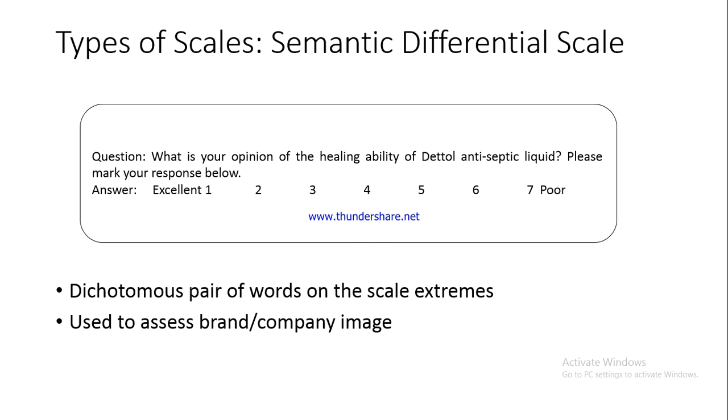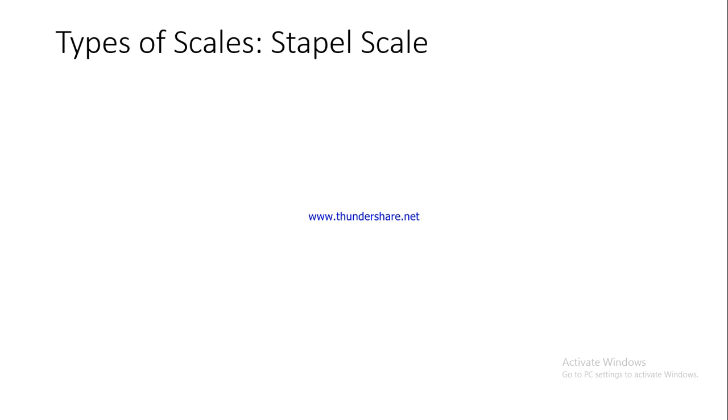Delighted and depressed can be another pair. But the point is that in semantic differential scales, you have basically got 2 poles. So it is basically bipolar. Bi means 2. In this particular example, there are 2 poles. The first pole is excellent and the other one is poor.